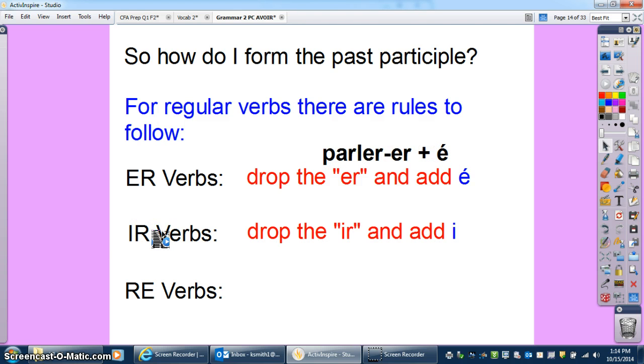For IR verbs, we drop the IR and add an I. And for RE verbs, you drop the RE and add a U. I know that's kind of the odd ball.